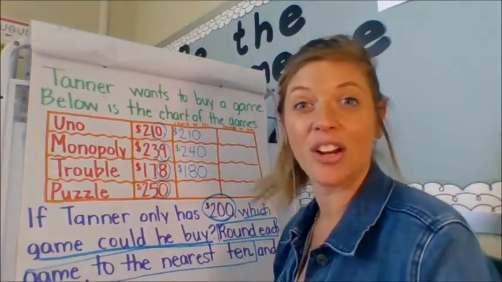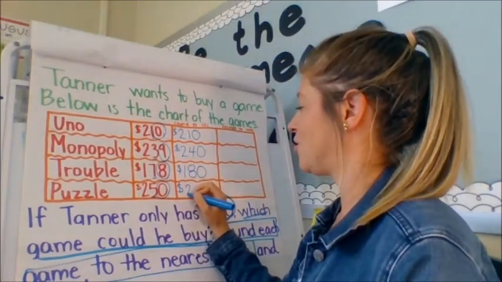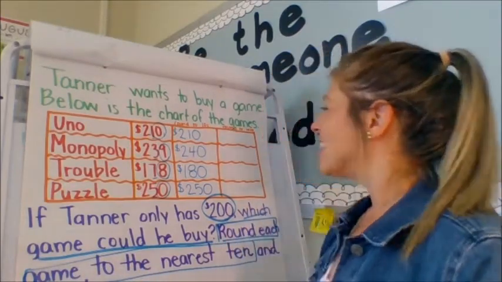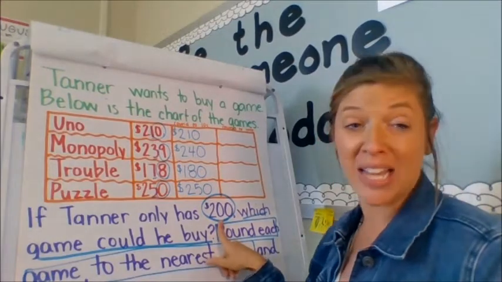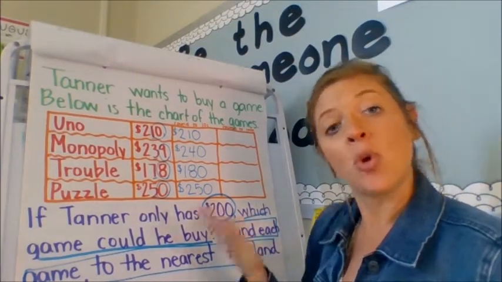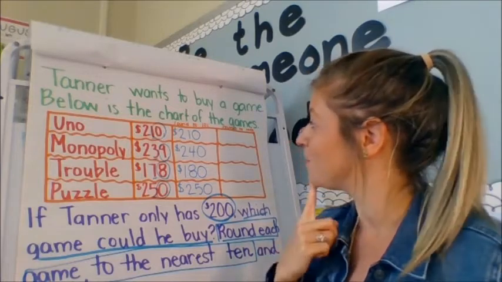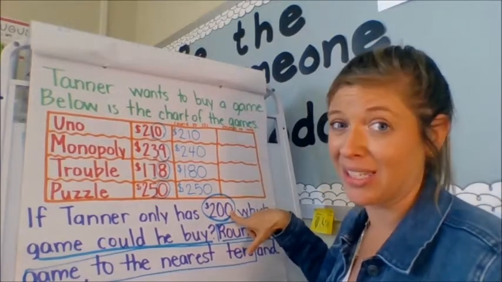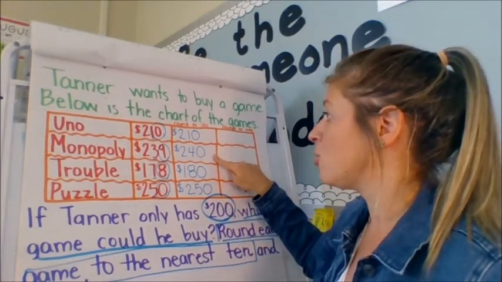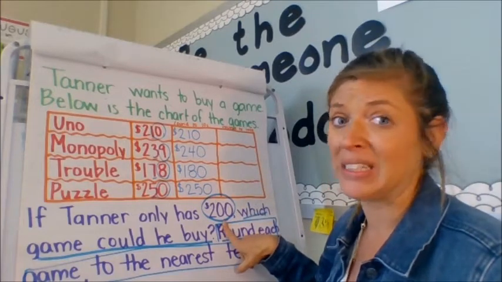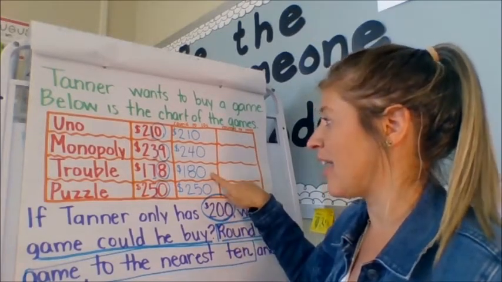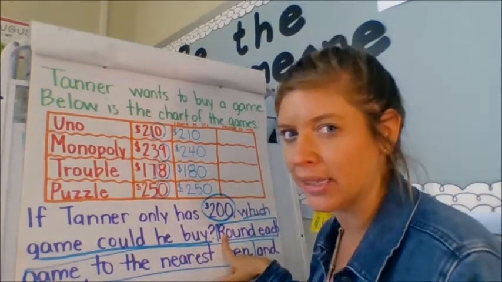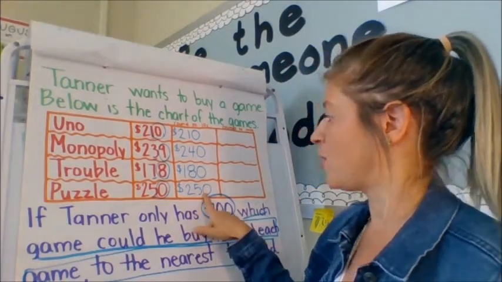Let's see if you guys can figure this out. If we round 250 to the nearest 10, it stays 250. So when we look at this and we know that Tanner has $200 to spend, which game could he buy? Well, 210 is greater than 200, so that wouldn't be it. 240 is greater than 200, so that wouldn't be it. 180 would be less than 200, so that might be one, but before I answer it, let me check the last one. $250 for a puzzle.